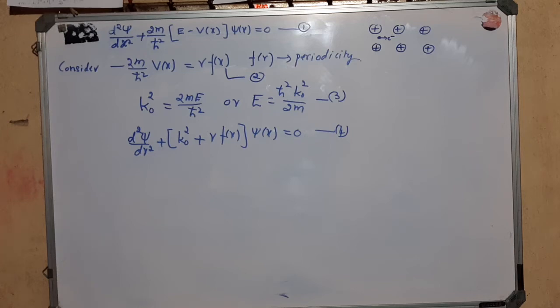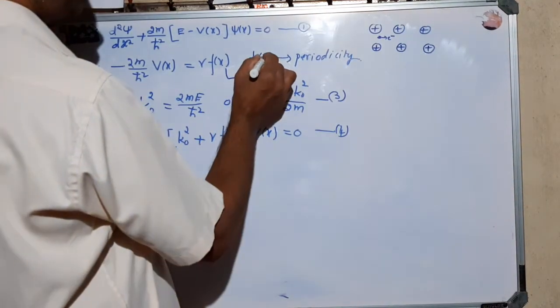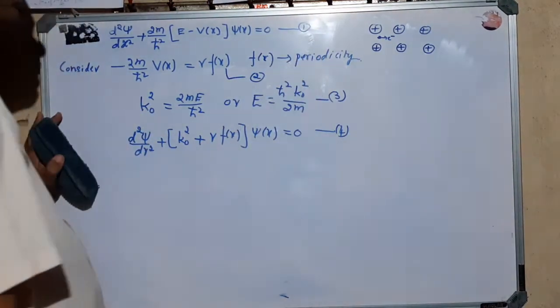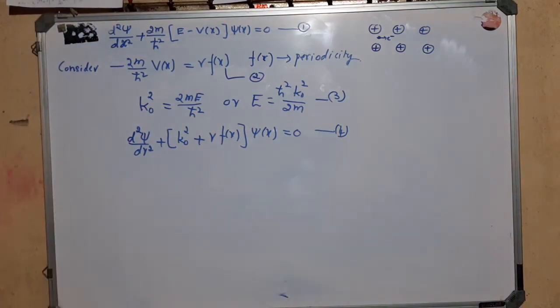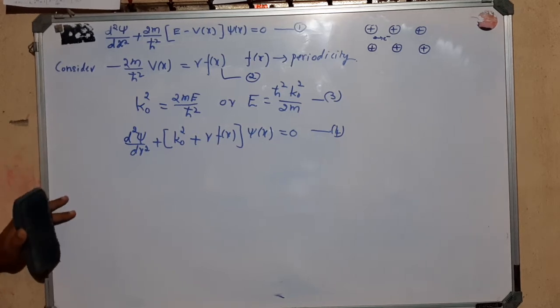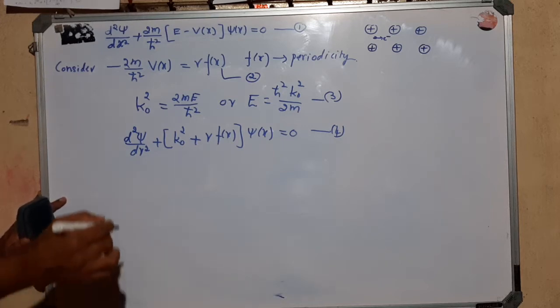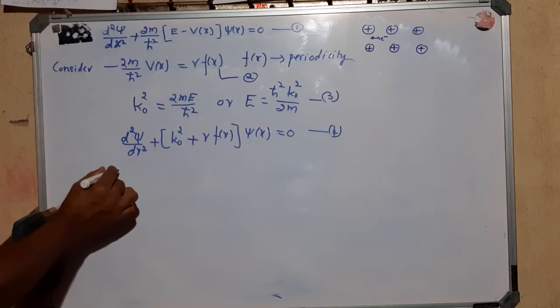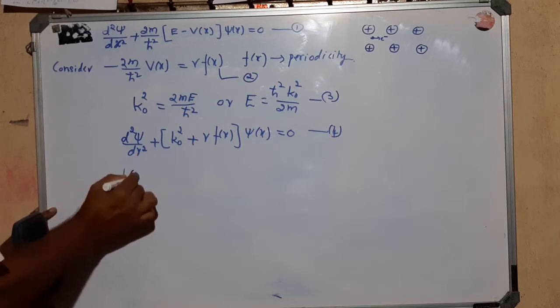Now, here we have represented that f(x) represents the periodicity. That means it is a periodic function. If the function is periodic, then we can represent that periodic function in terms of a Fourier series. In the trigonometric form, let us represent this periodic function with the help of a Fourier series.